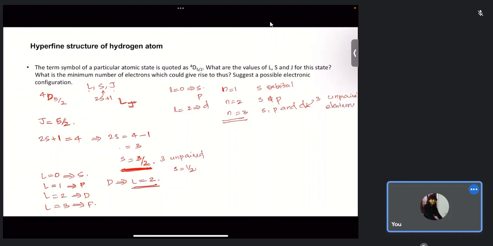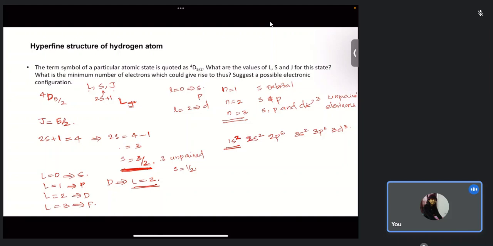So this is supposed to be 1s2, 2s2, 2p6, 3s2, 3p6, and 3p3, something like this. The filling of electrons happens first in the first orbital, where it will fill the 2 electrons in the s orbital, so 1s2.